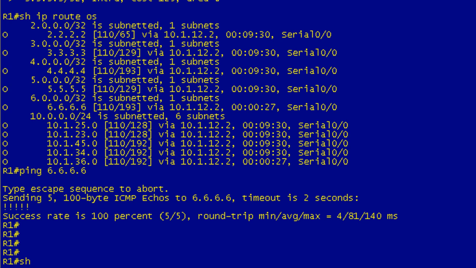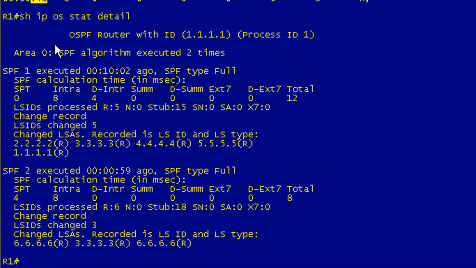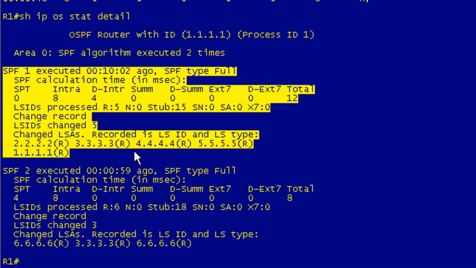So now let's do a show IP OSPF statistics, and I'm just going to abbreviate this. Now you can see that our last change was 48 seconds ago, so that's when we added R6. Let's take a look at the details on this. Now you can see the algorithm has been executed twice, so we have details for each one, which is pretty cool.